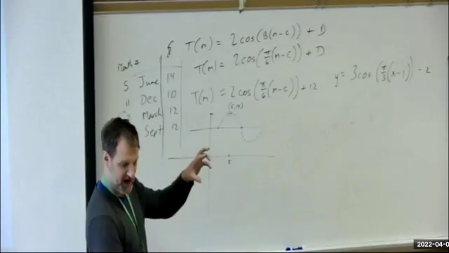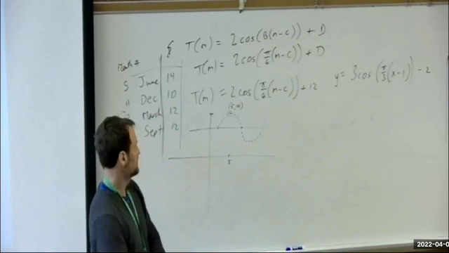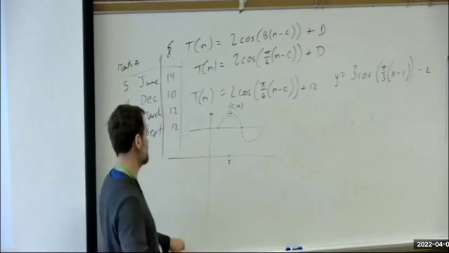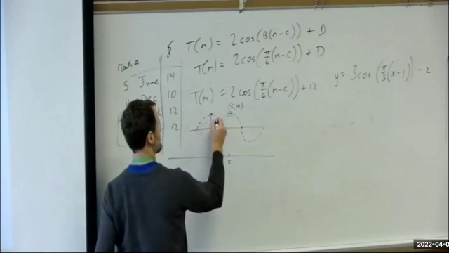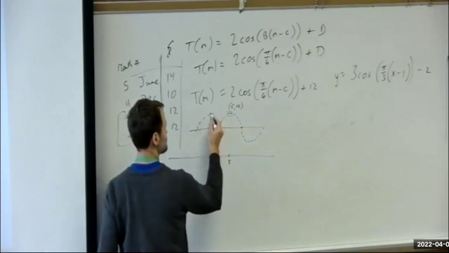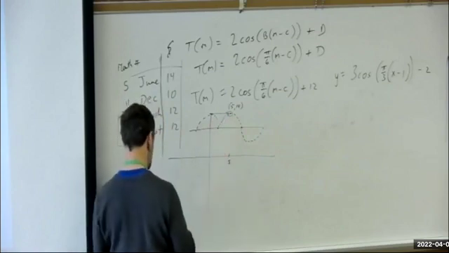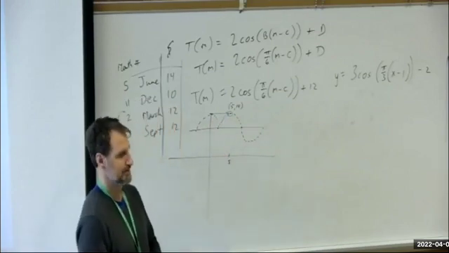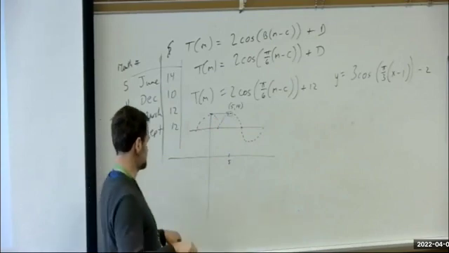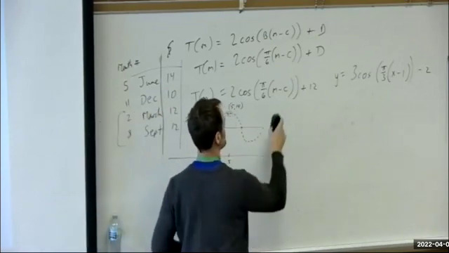So if month 5 was my maximum, in the cosine, normally I start off with my maximum here. So this needed to be shifted to the right. One way to think about it is shifted to the right how many spots? Five. So let's try just sticking 5 in here.